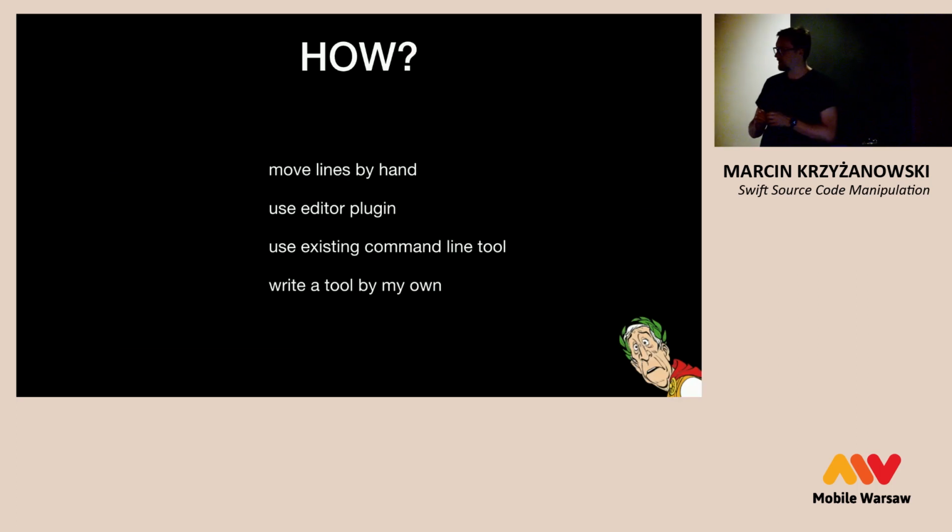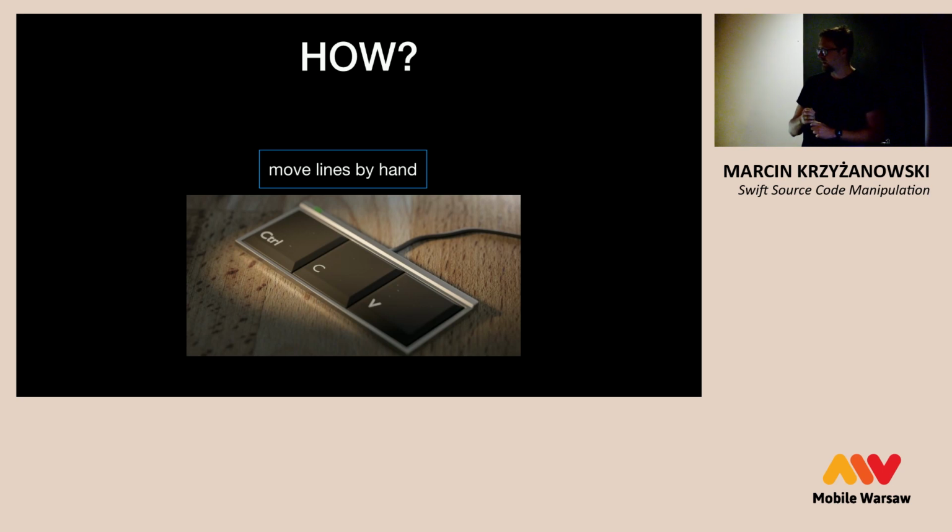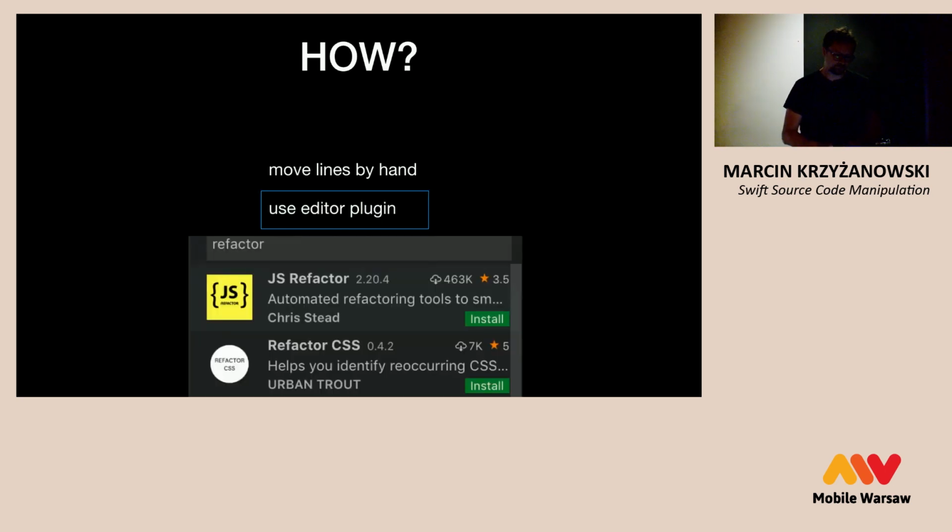For a second, let me discuss what my options are to get from point A to point B. I can reorganize the text by hand, manually. Every time I work with a file, I will just open the file, copy, paste, move things around, and it will work. It's kind of tedious, but it will work.